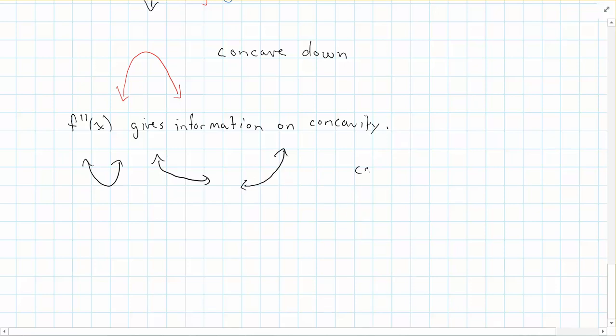These are all examples that I've just drawn of concave up. These are all examples of concave down.